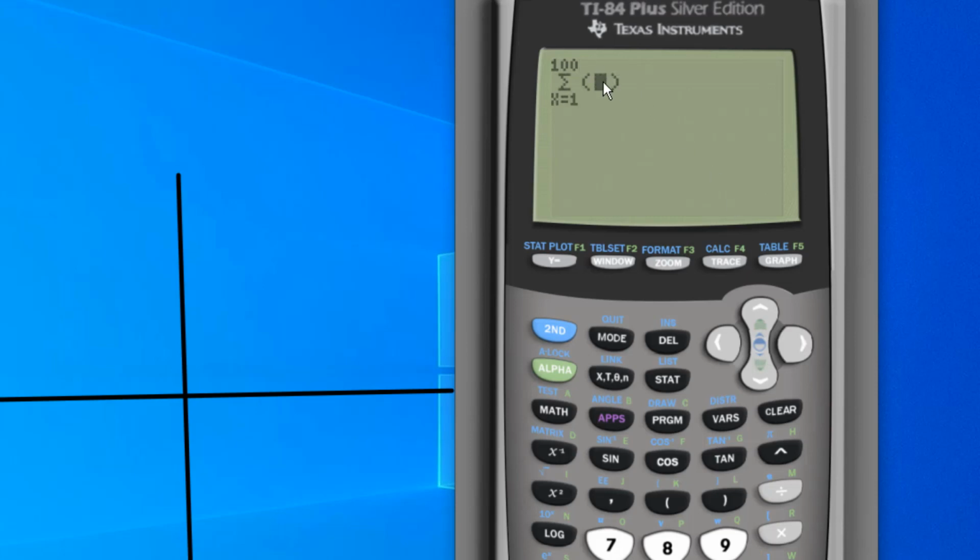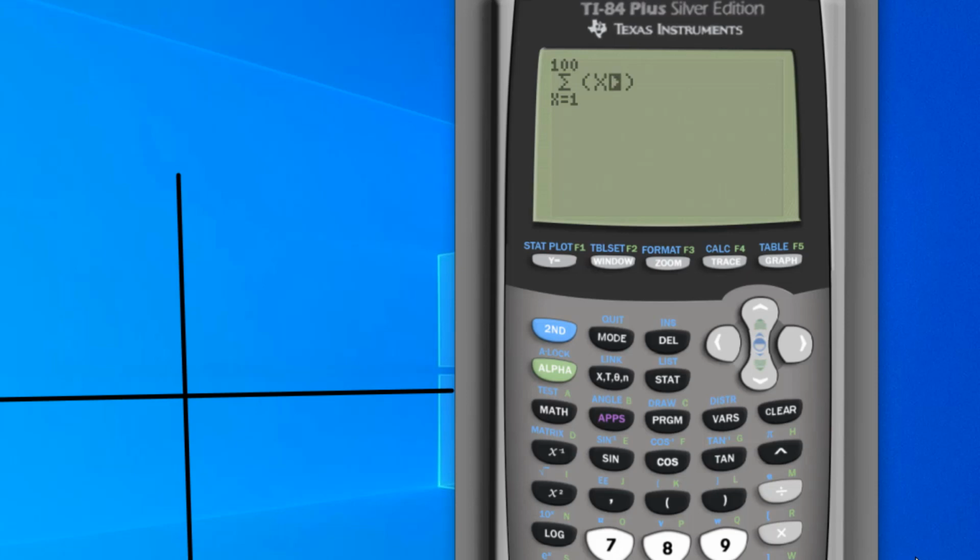Now I need a function right here. Since I'm using x equal 1 to 100, I want this to be in terms of x, so I can have something like x squared plus 1, or whatever you want. Just to keep it basic here, I'm going to hit x. So basically we're letting x equal 1, then x equal 2, x equal 3, and so on.